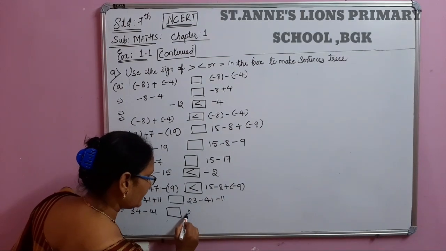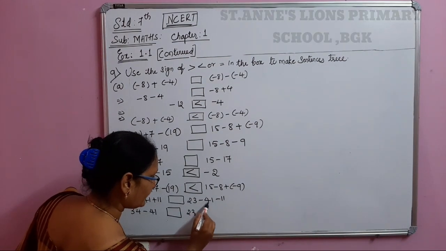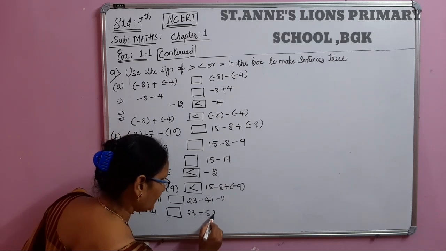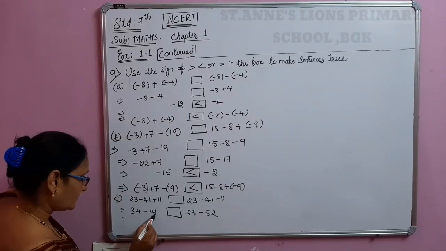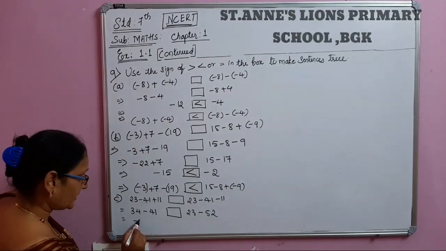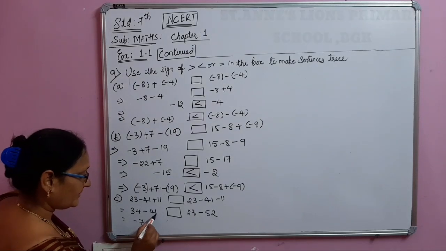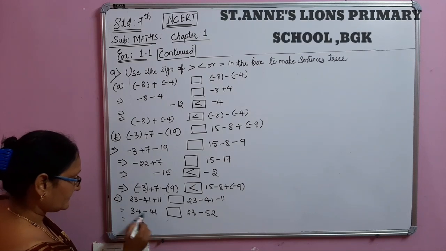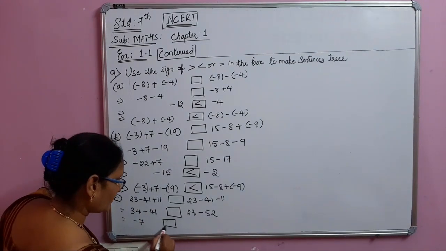Here see, 23 as it is, two negative numbers we will add first: 41 plus 11 is 52, minus 52. Now 41 minus 34 is 7. What kind of 7? Minus 7. Bigger number is 41, its sign is minus. So minus 7. Then box.